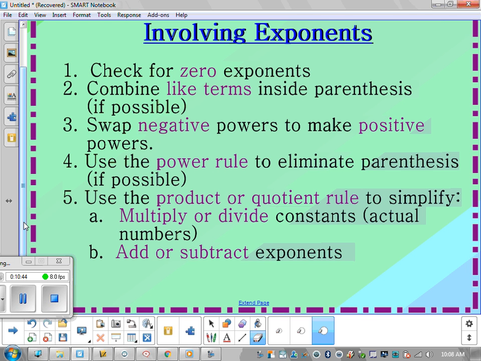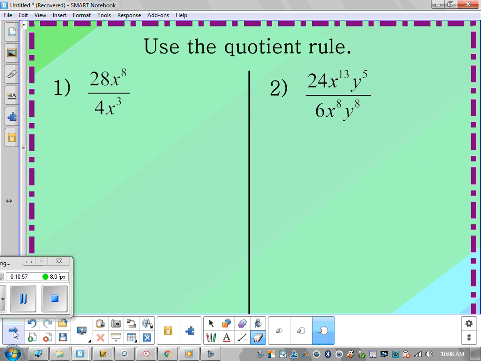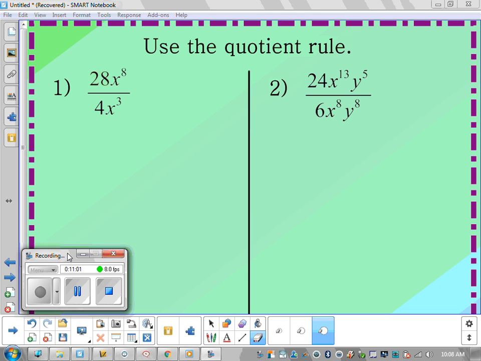Remember, we multiply the coefficients, the constants in front of the variables, and then we add or subtract the exponents of like letters. Once you have that down, I would like to challenge you to work on these two questions in your notes. When you're done, unpause the video and check your answer.